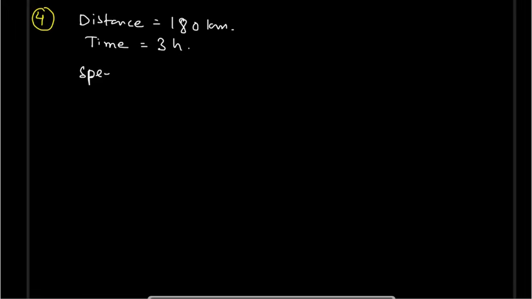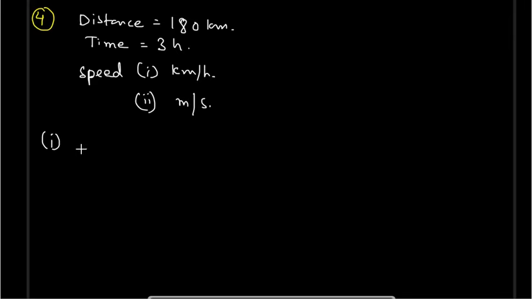So this is the fourth question we are doing. What is given to us? We know that the train is traveling with a distance covered 180 kilometer in time 3 hour. All right. You have to find the speed firstly in kilometer per hour and secondly in meter per second.